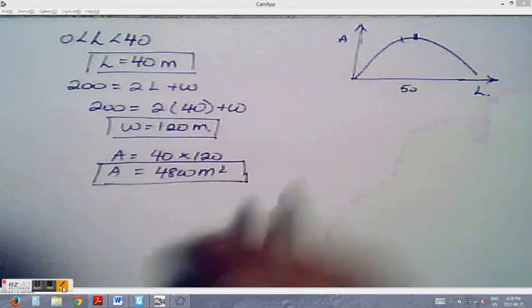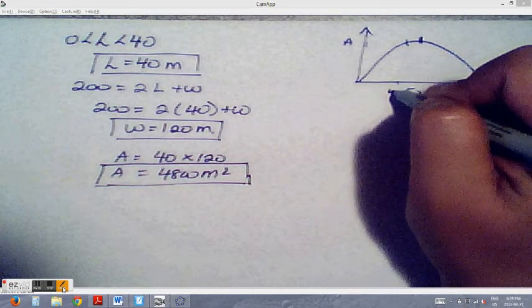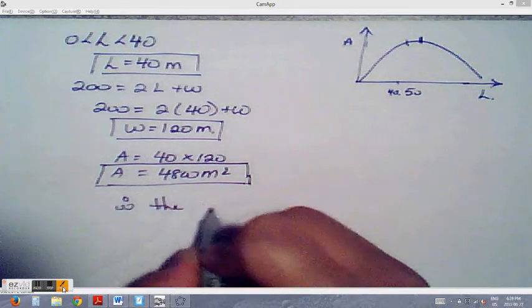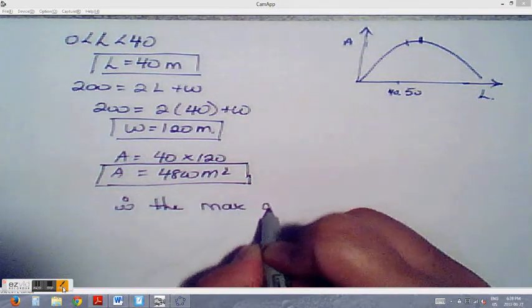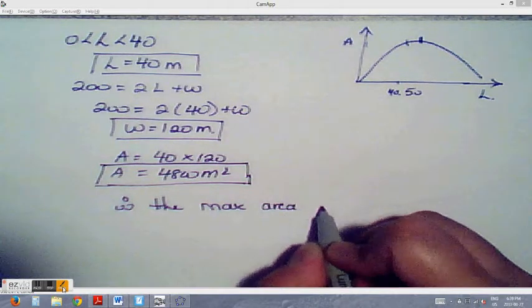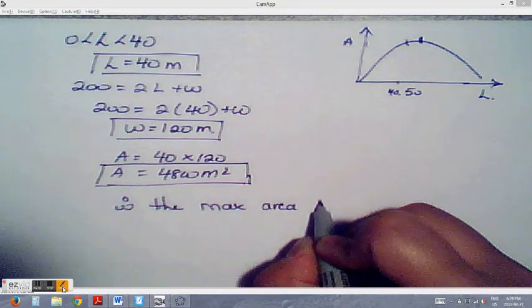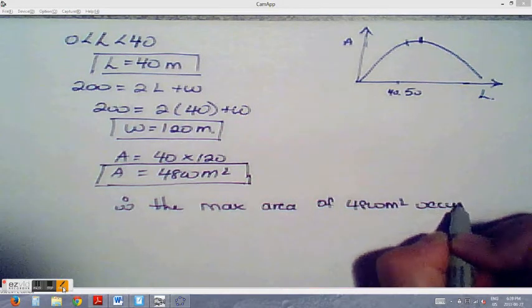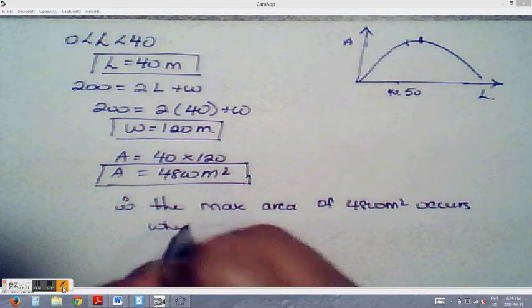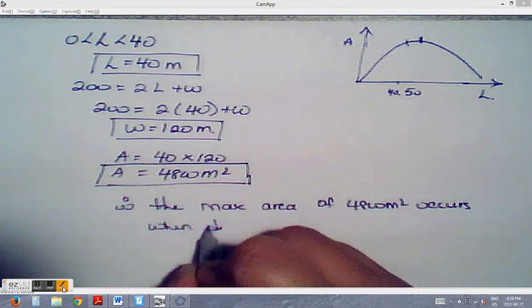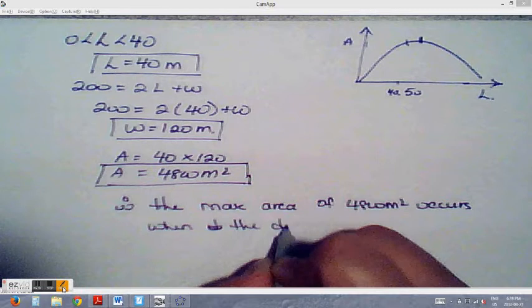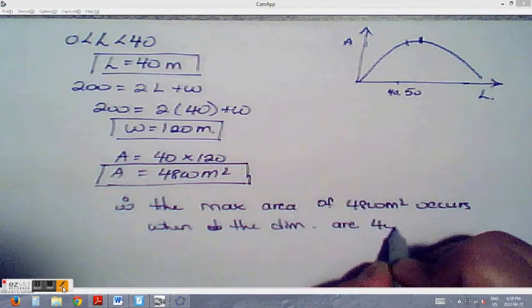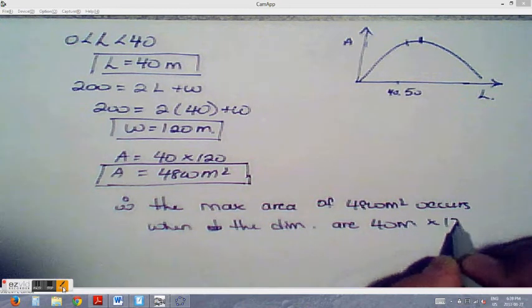So therefore, the max area of 4,800 meters squared occurs when the dimensions are 40 meters by 120 meters.